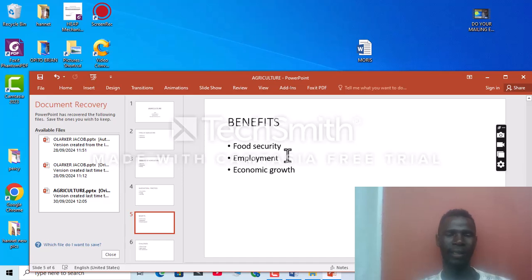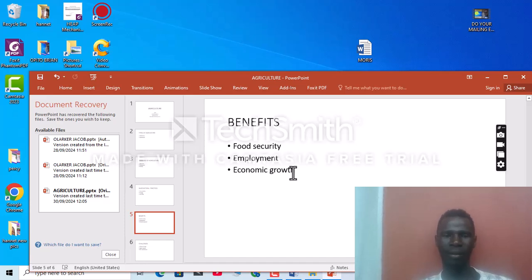It provides jobs to many people. Even if you are not employed in the big offices, you can come to agriculture and do anything, because we have various forms like the subsistence one and the commercial one. The subsistence one doesn't block anyone from entering into farming.